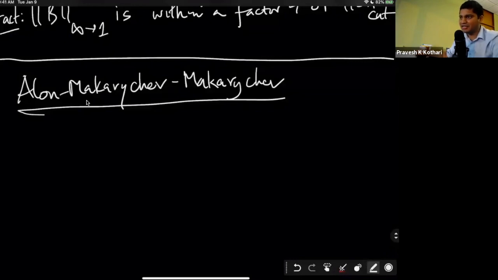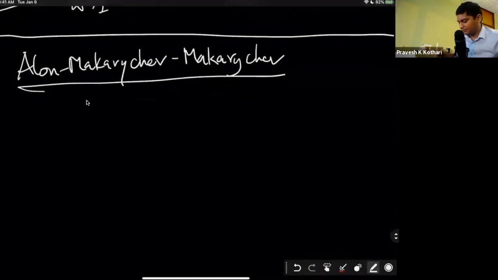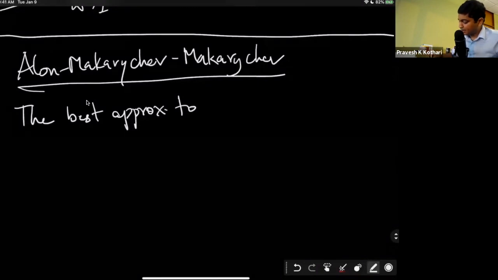Then they asked the natural question: what happens if I took the support to be some arbitrary graph G? Can I say something about the SOS certificates, and in particular approximation algorithms, in terms of properties of G? And they did. Here's a very neat theorem that comes out of the work. The best approximation to X transpose BX.